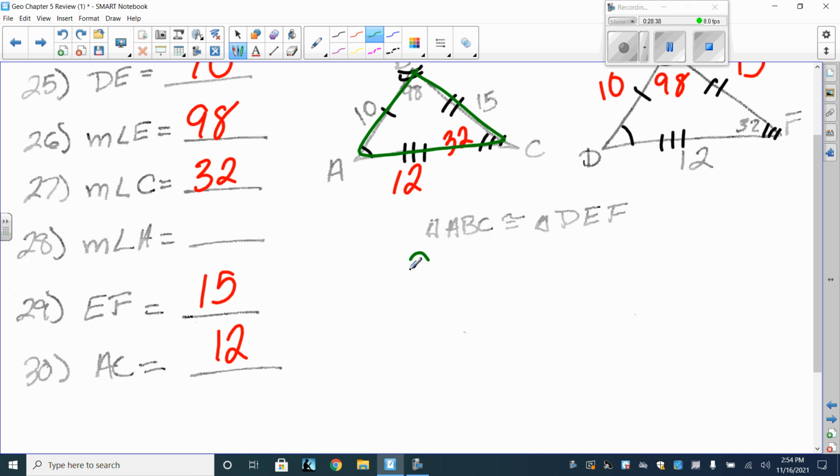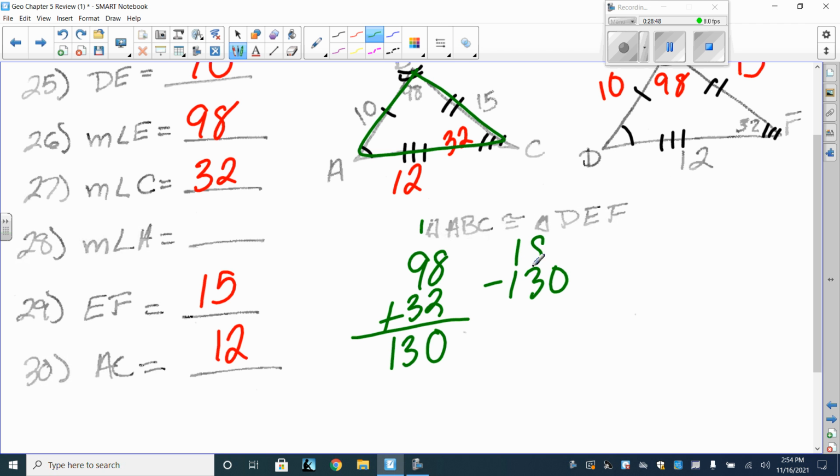So we can add 98 and 32, so 0, carry the 1, would be 130. And we can subtract 130 from 180. So if A is 50, what's the measure of angle D? 50.